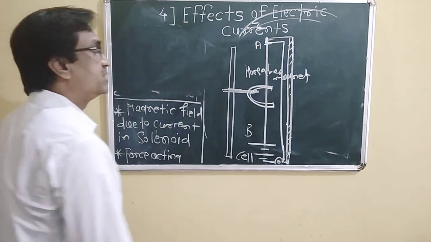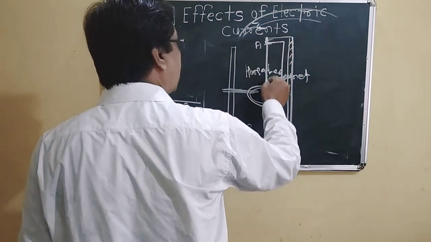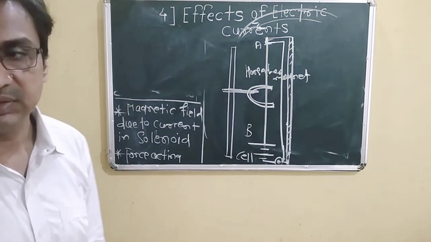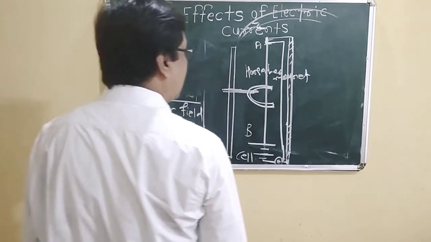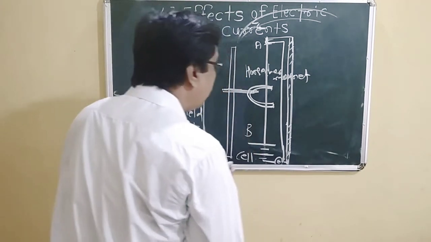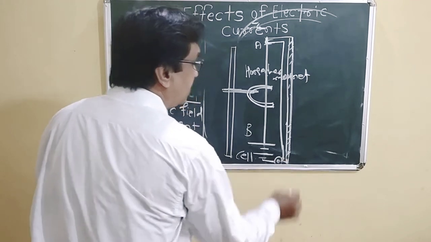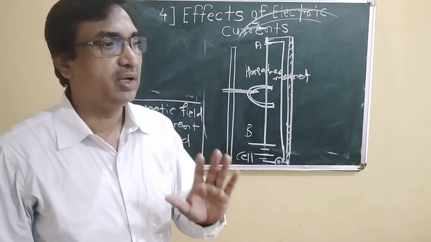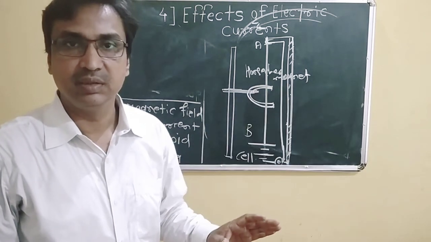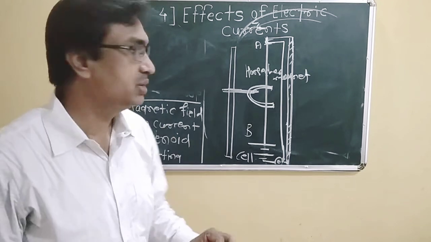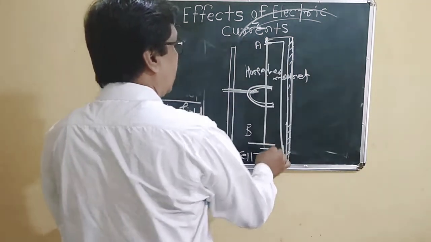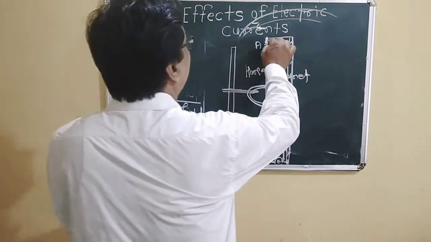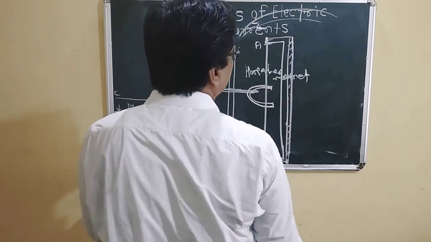When the electric current is passed through this wire, that is a conductor, we can observe the effect. Before that, when the key is open and current is not flowing in the electric circuit, this cable, that means the conducting wire, remains as it is.